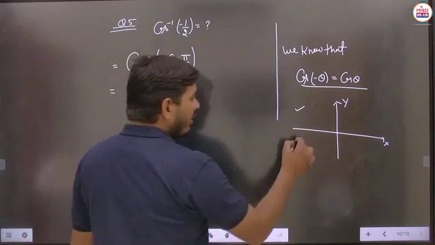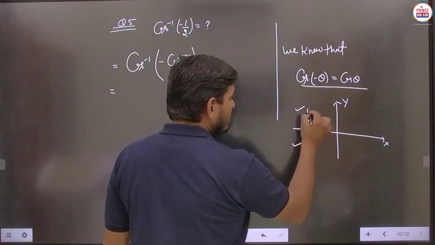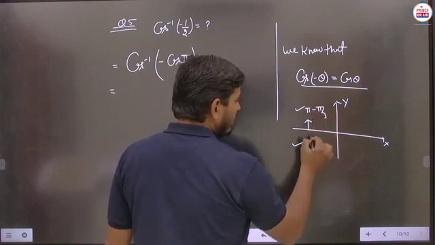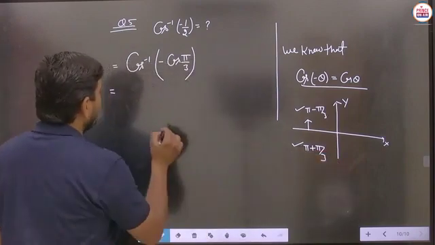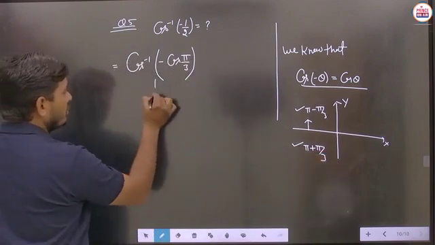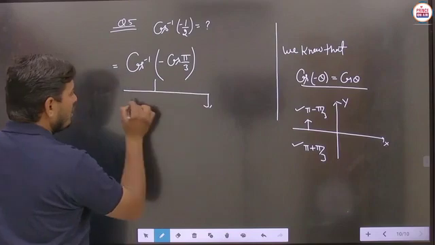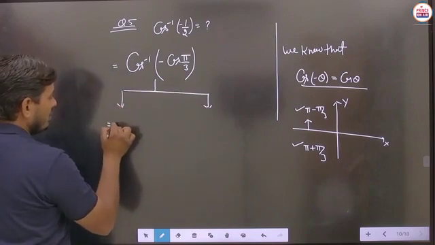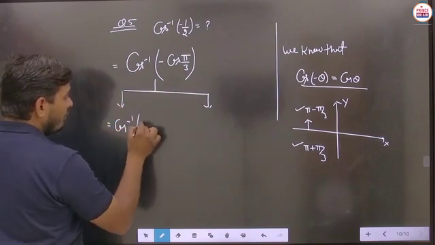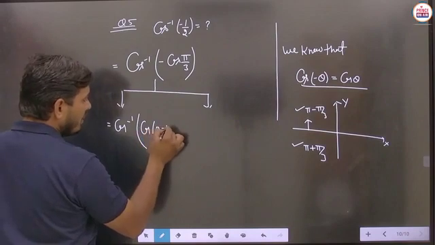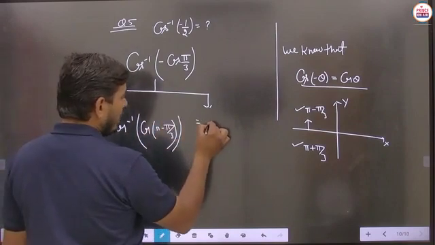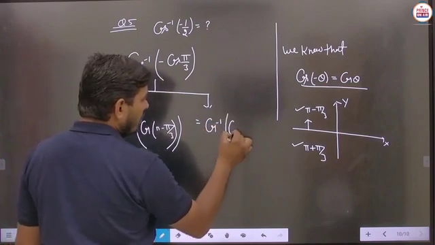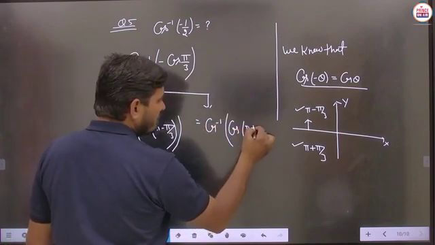Is it clear? So in the second quadrant this angle can be written as pi minus pi by 3, and in the third quadrant we write the angle as pi plus pi by 3. So now the expression can be written in two ways: cos inverse of cos of pi minus pi by 3, or cos inverse of cos of pi plus pi by 3.